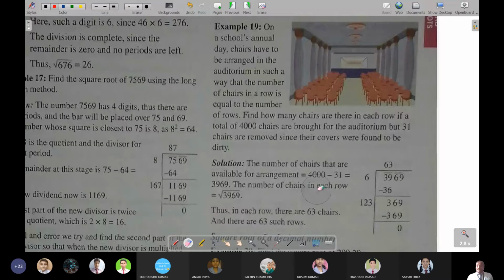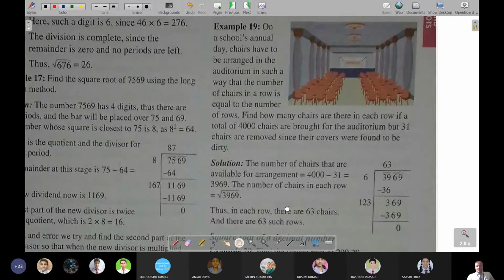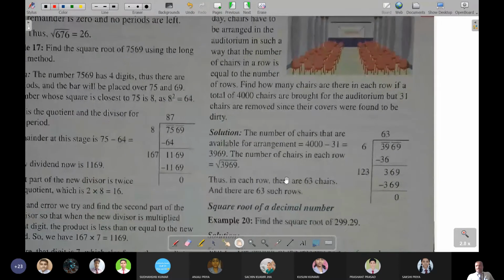So if you have to arrange only 3,969, then we will find the square root of 3,969, which came to 63. That means there were 63 rows and 63 columns, or you can say in each row there were 63 chairs. Got it? Yes, sir.